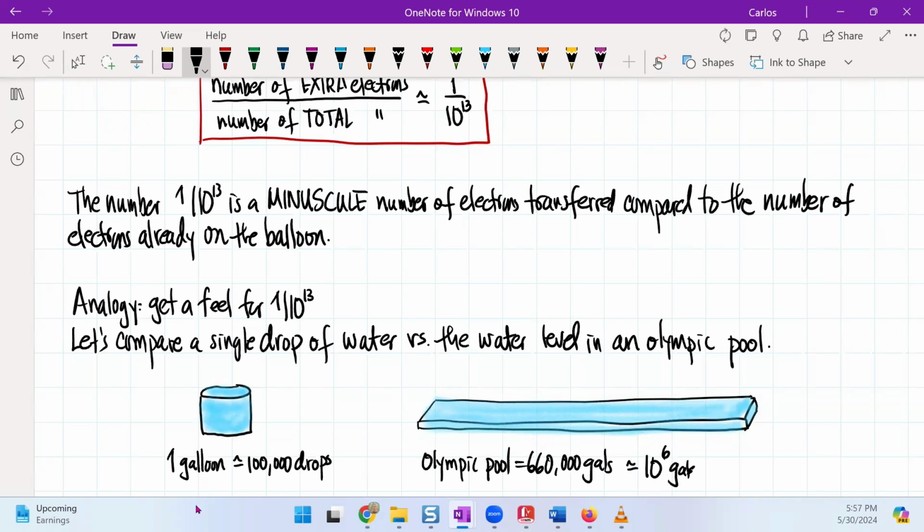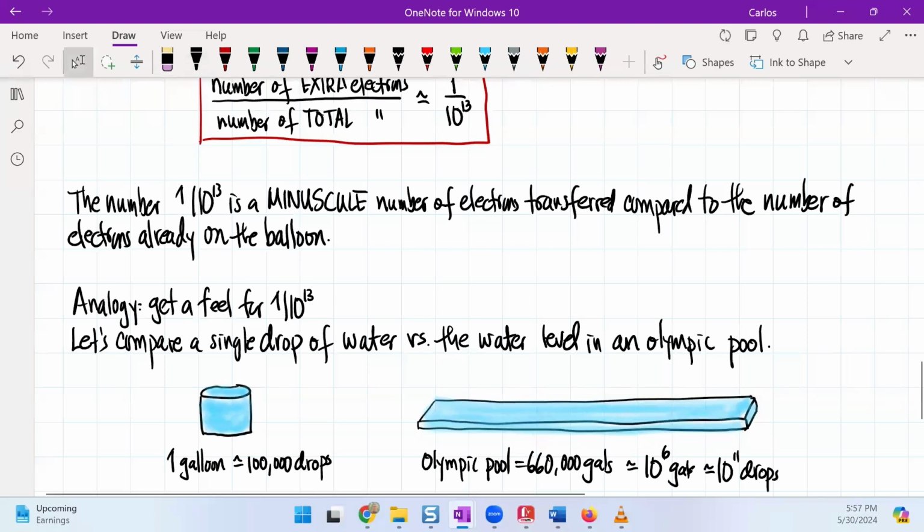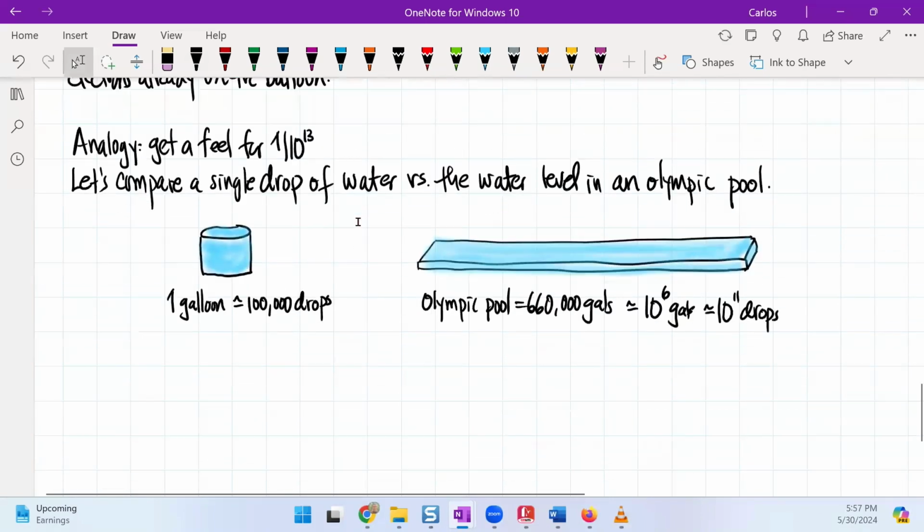And if you look at that, 1 gallon is about 10 to the 5 drops. So then this would effectively be 10 to the 11 drops of water. So remember, our whole goal is to get a feel for what is 1 in 10 to the 13th.